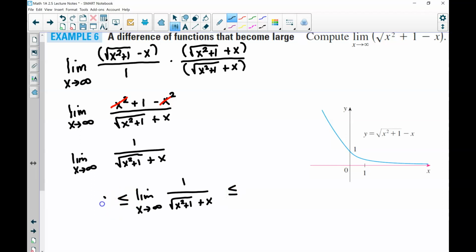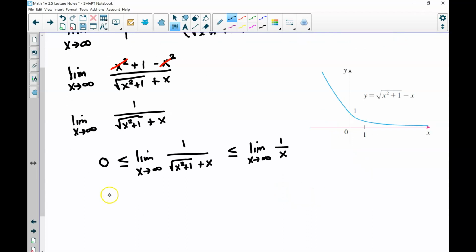Well, we know it's got to be in between 0 and the limit as x approaches infinity of 1 over x.